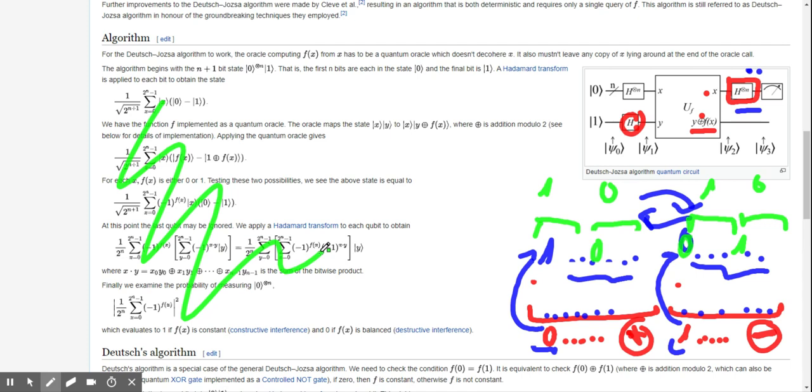I mean, they cancel out, and that's why you read a zero at the end. But then I'm reading the balance wrong, the constant side of things, where I should be getting a one. Okay, so here you would have, let's say, the state 1 0 0 0, like let's assume n is 3, right?